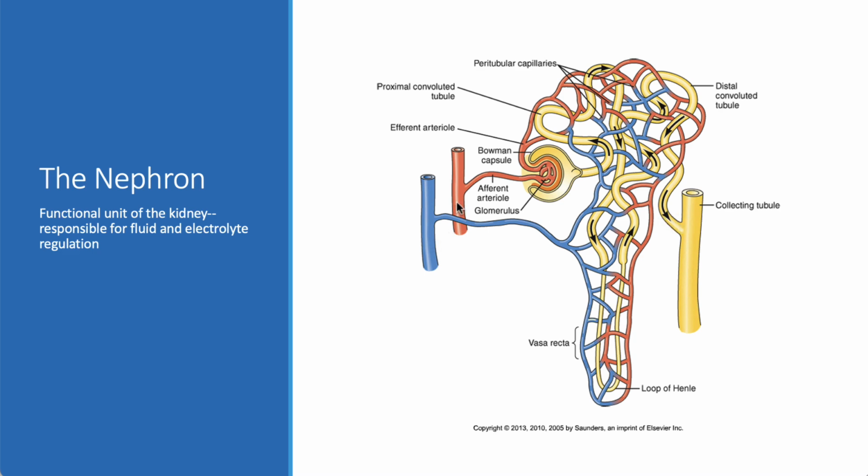Okay, so again, the blood flow is afferent arteriole to the glomerulus, which dumps out essentially the plasma minus the big proteins, and then the blood flow goes to the efferent arteriole, where it wraps around the proximal convoluted tubule, goes down the loop of Henle, and then comes back up to the distal convoluted tubule.